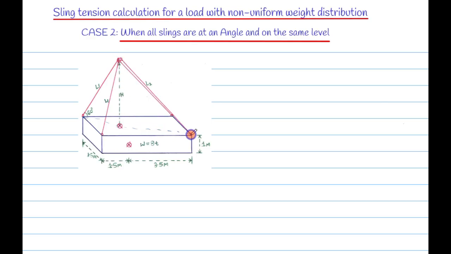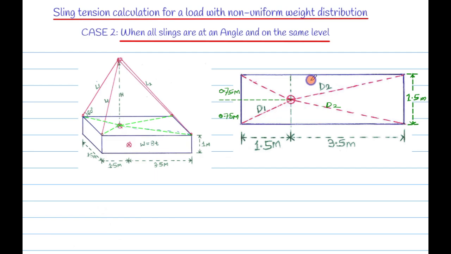So the line of lift is a diagonal. And for the hook block to align with the center of gravity, we need to get the exact length of L1 and the exact length of L2. And for us to get the exact length of L1, we need to know this diagonal length. This is a plan.